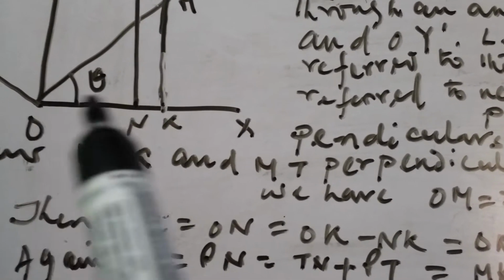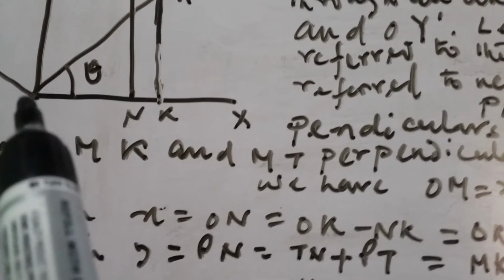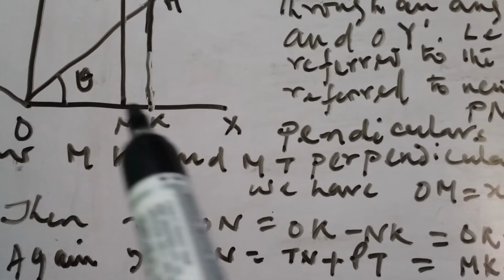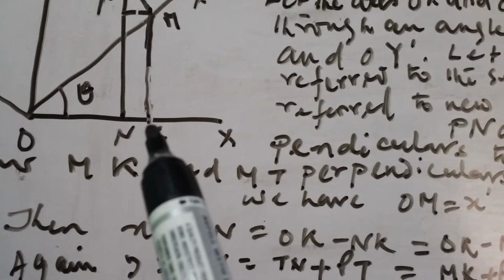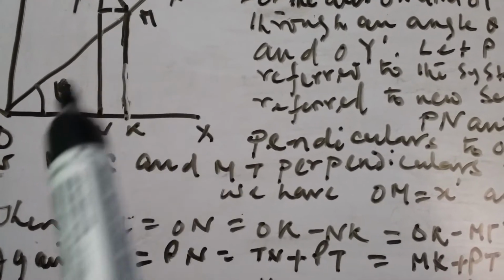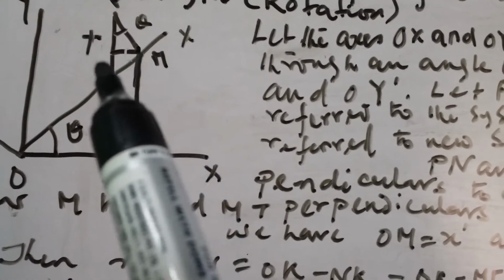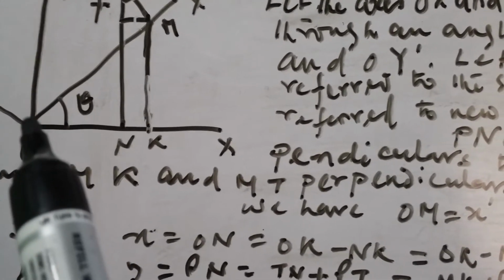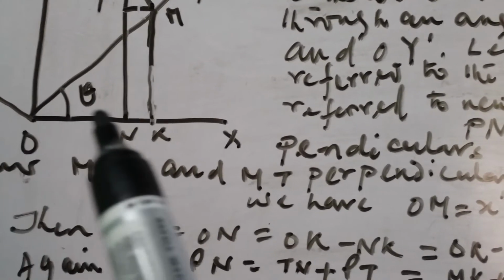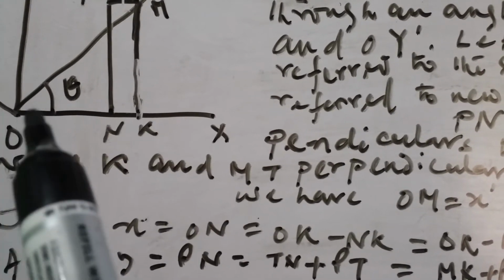So x is equal to OK minus NK. OK means x dash cos theta.